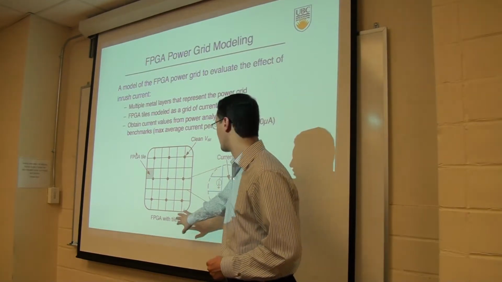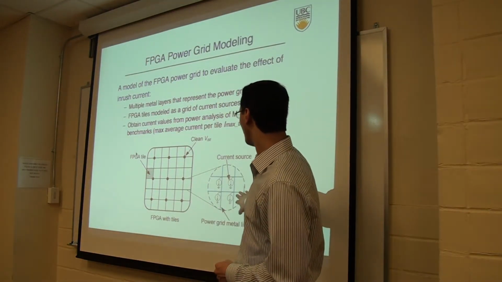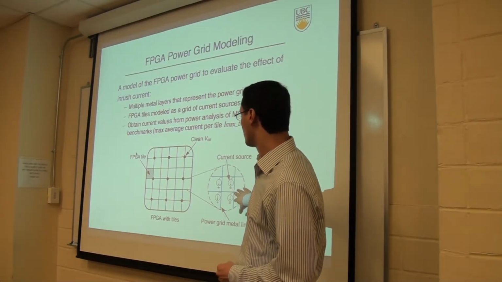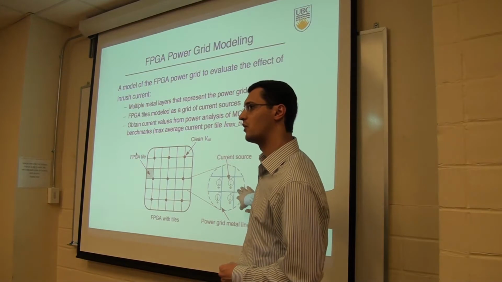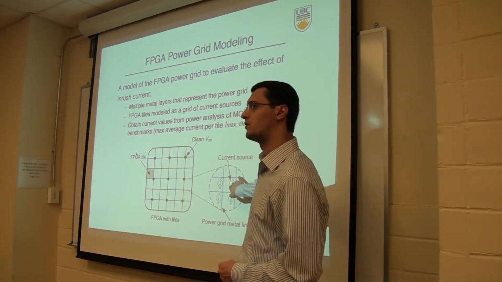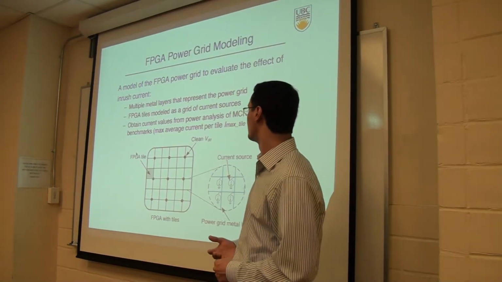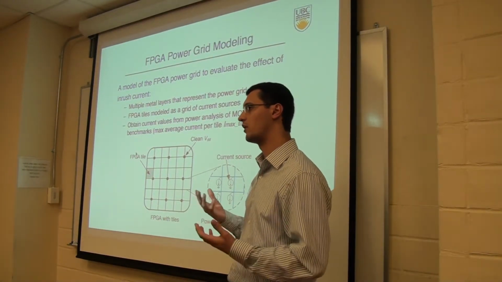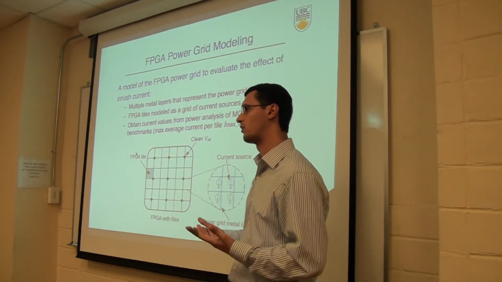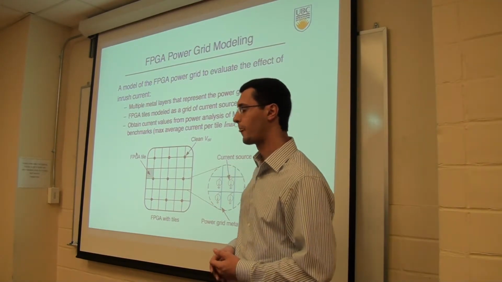Each cell of the FPGA was modeled as a grid of current sources, connected to the lowest metal layers. The values for these current sources were obtained using power analysis for MCNC benchmarks to get a feeling for how the power grid for the FPGA would look, because we used them to design the typical power grid of the FPGA.